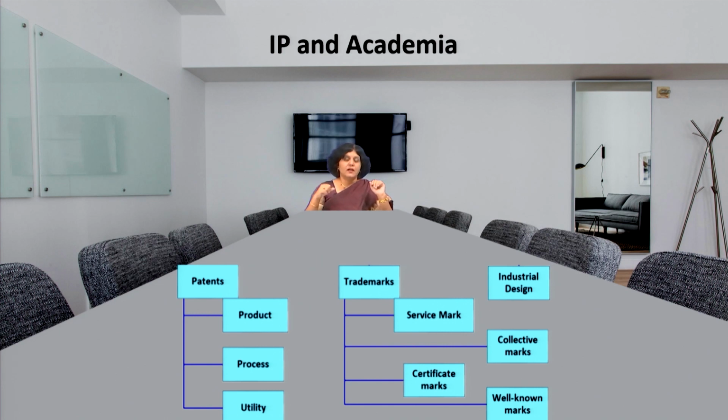Now if I say Dove, immediately you think about that white colored soap, and that picture will come in front of you. If I say Parachute oil, actually I want to give the brand name Parachute oil, immediately that bottle with a blue color and then the coconut tree, immediately it comes in front of you.